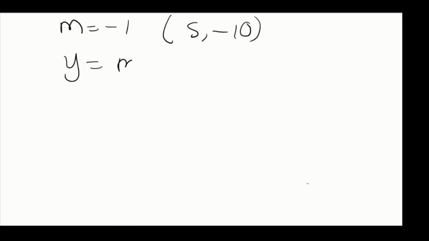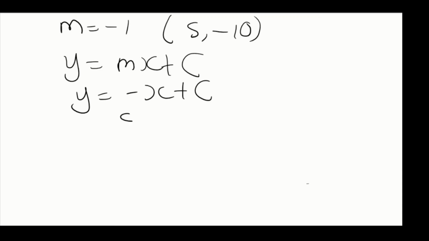To complete finding our axis of symmetry, we know m is equal to -1, and our coordinate of asymptotes, we know it's (5, -10), right? And another thing that we'll need is y is equal to mx plus c, knowing very well that m is equal to -1, so it's -x plus c, and then we substitute our point, which is our vertical and horizontal asymptotes.